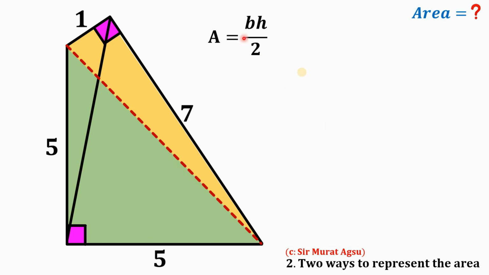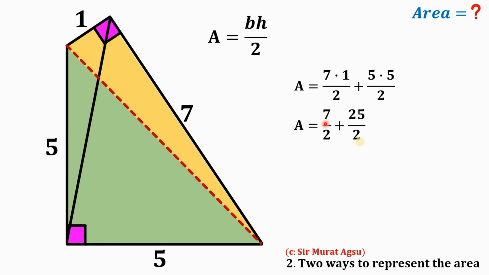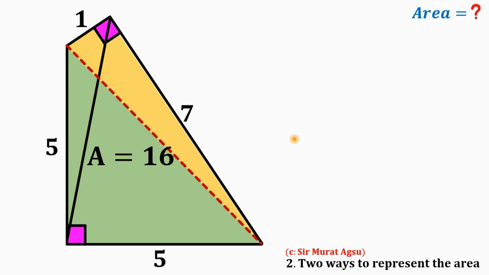Using the formula base times height over 2, the whole area can be written as 7 times 1 over 2 plus 5 times 5 over 2, or simply 7 over 2 plus 25 over 2, or 7 plus 25 is 32 over 2, or simply equal to 16 square units. So that is the area of this entire quadrilateral.